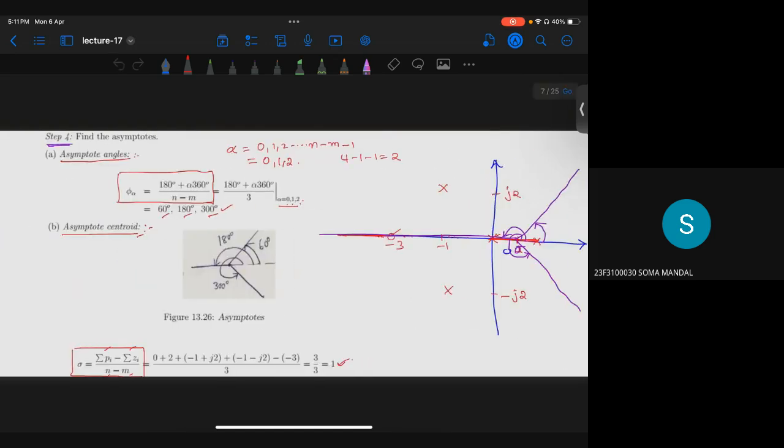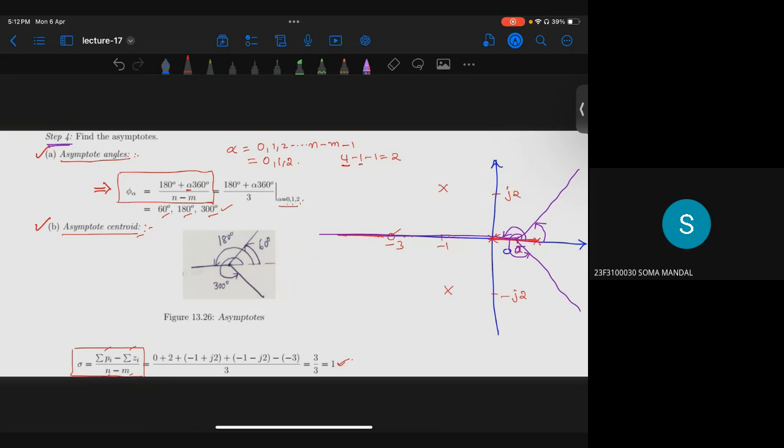Then we calculate the asymptote angles and the asymptote centroid. The asymptote angle uses this formula: phi is equal to (180 plus alpha times 360) by n minus m, where n is the number of poles and m is the number of zeros. Here n is 4 and m is 1.